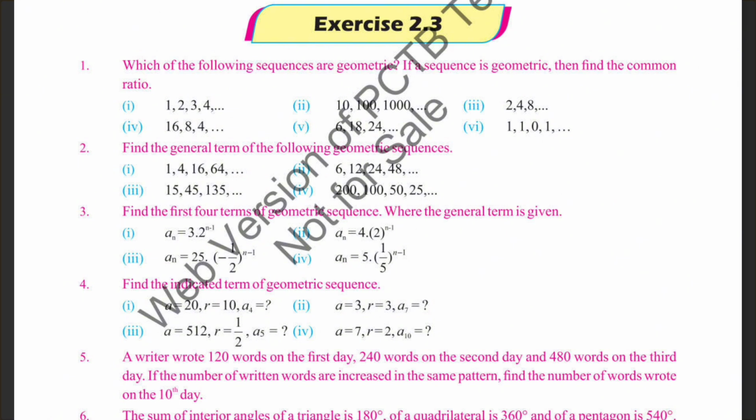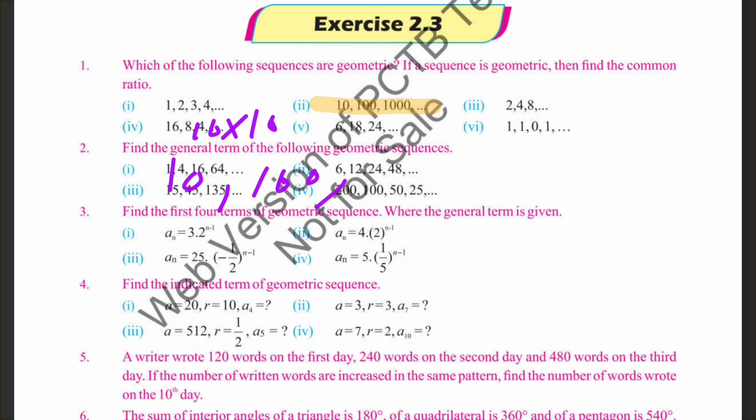And the second part, we check whether it is a geometric sequence or not. Here is 10. Now 10 multiply by 10, the next term we find is 100.